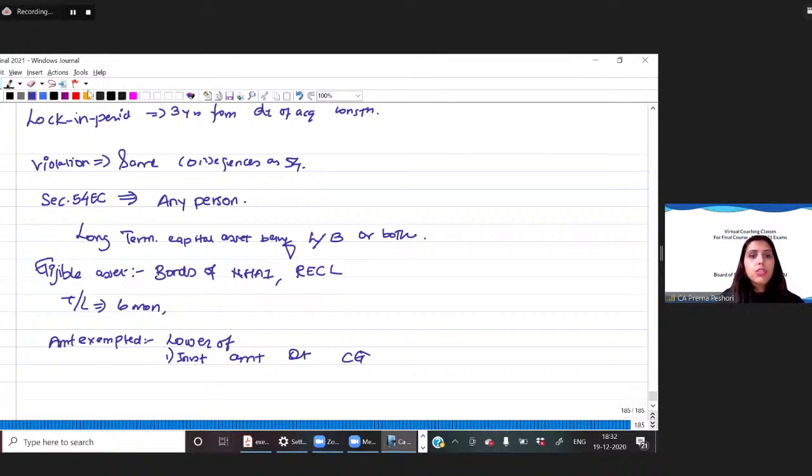Here there is a restriction. Maximum exemption can be rupees 50 lakhs. Clear?